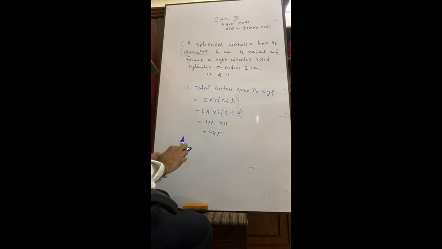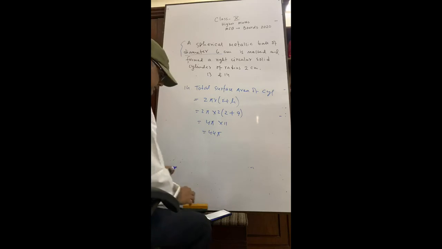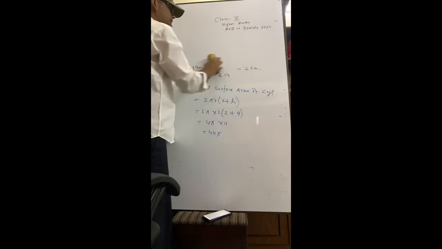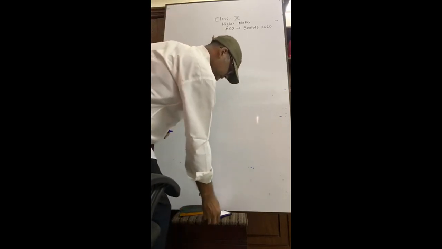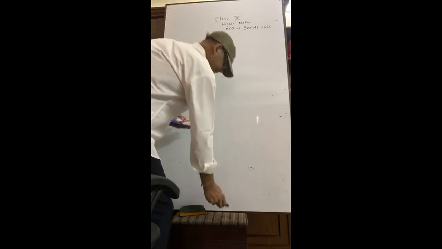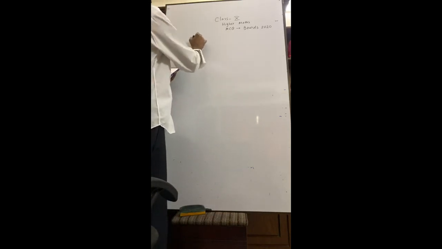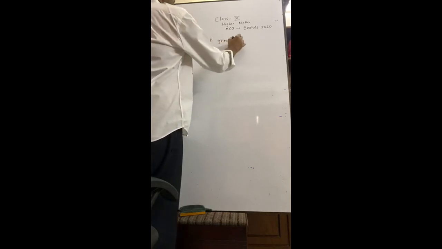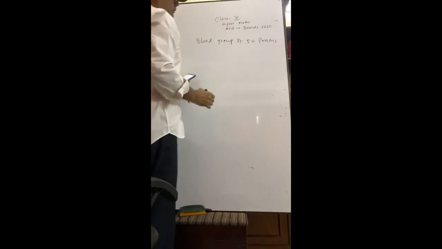Okay. Now, question number 17. Write down: blood group of 50 persons.